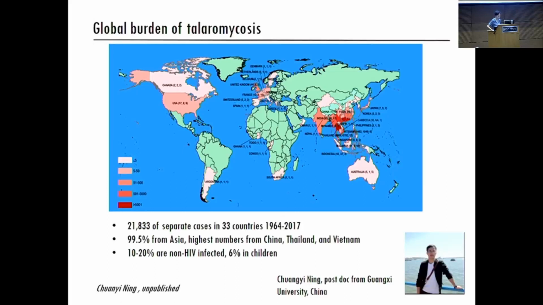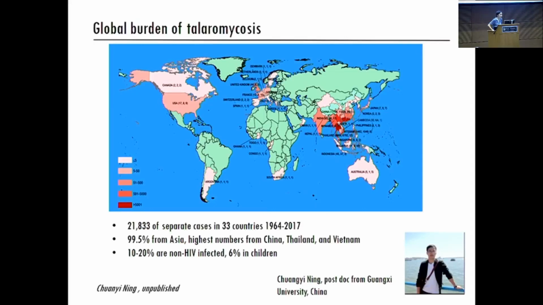But we'll try our best, and we identified more than 21,000 cases so far in 33 countries, and 99% are from Asia, and the 3 highest countries are China, Thailand, and Vietnam. The rest, almost everybody except for one, had a history of travel to the endemic region.